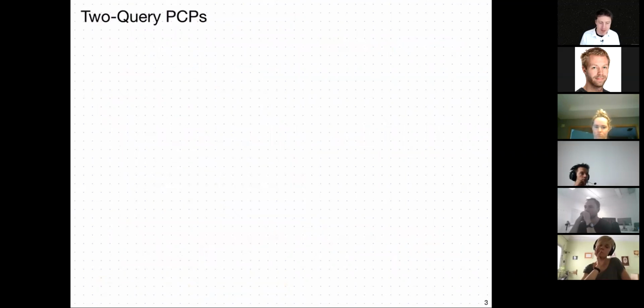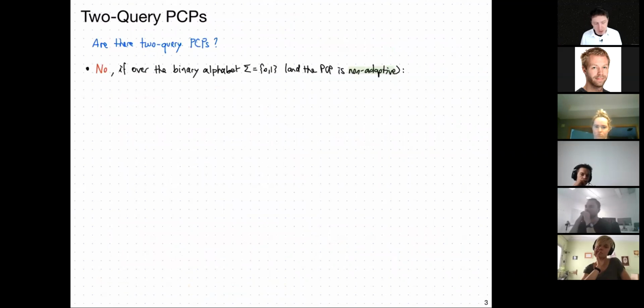All right. So this brings us to the question of two-query PCPs. Are there two-query PCPs? First, curiously, the answer is no. In a very special case, if you have a binary alphabet and the PCP verifier is non-adaptive. If you remember, a non-adaptive PCP is one that makes all its queries in one batch, gets back the answers, and decides. It's not like it first sends a query and, depending on the answer, decides where to query next.